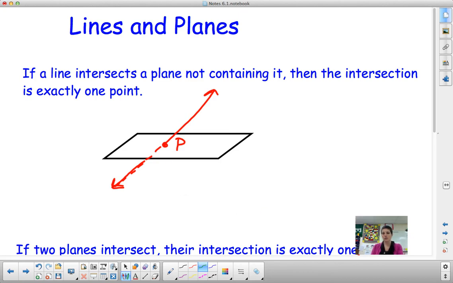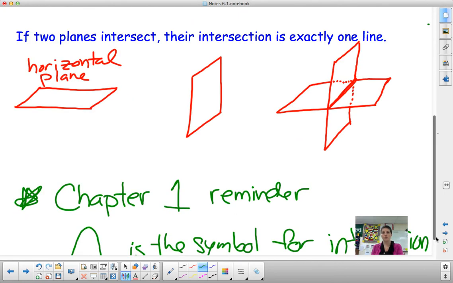Now let's talk about if two planes intersect. If two planes intersect, their intersection is exactly one line. So where do they cross, right? If we take a horizontal plane and we extend it so that we can see where it crosses or intersects a vertical plane, we're going to find that that intersection is a line.